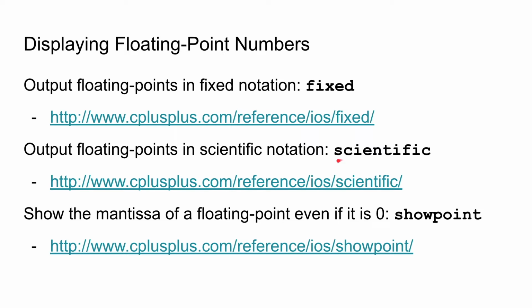So if you have, say, 12.1, you would move the decimal place over, so you have 1.21, and then that would be times 10 to the 1. So it's just scientific notation. And then show point notation means if the mantissa of a floating point number is 0, still show that 0. If it's 12.0, don't just show me 12, show me 12.0.